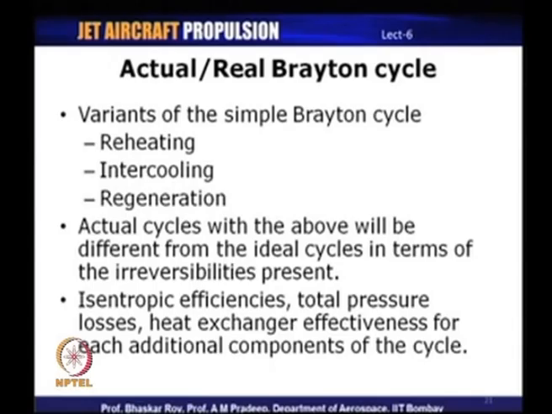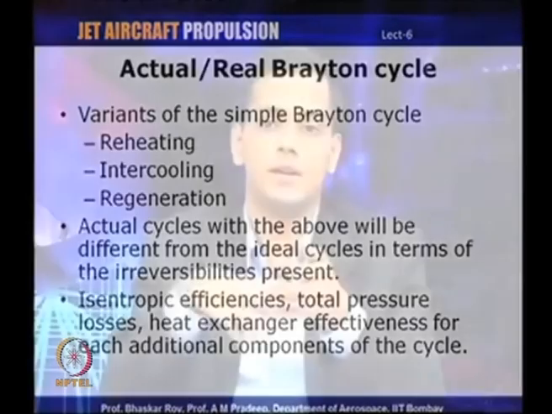So, a simple Brayton cycle with all these individual components or a combination of these modifications with reheat, intercool or regeneration will need the isentropic efficiencies of individual components, the total pressure loss taking place during either the intercooling process or during the reheat process, and in some cases the heat exchanger effectiveness and so on.